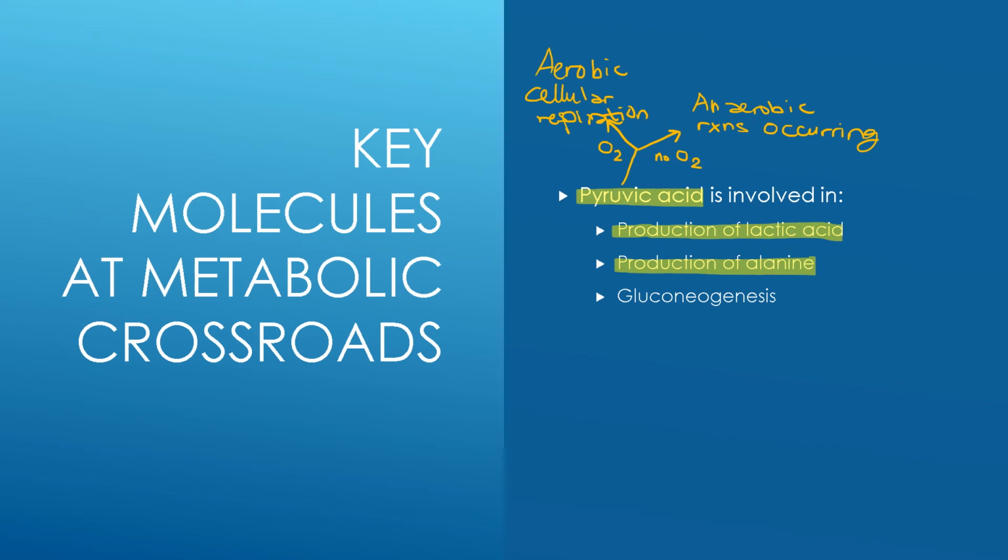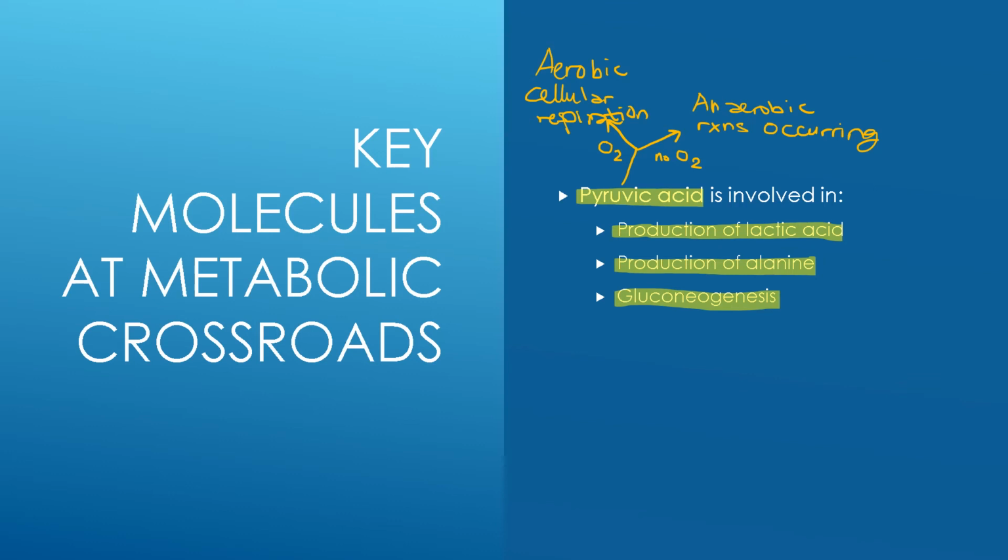One other thing that can happen is gluconeogenesis. So pyruvic acid and certain amino acids can be converted into oxaloacetic acid, which is one of the Krebs cycle intermediates, which then in turn can be used to form glucose 6-phosphate.